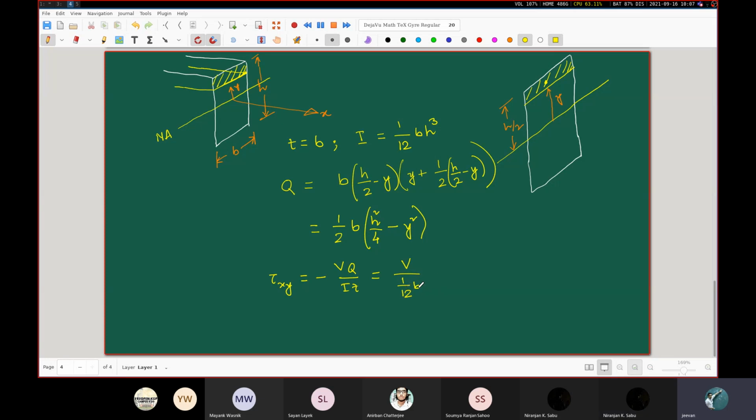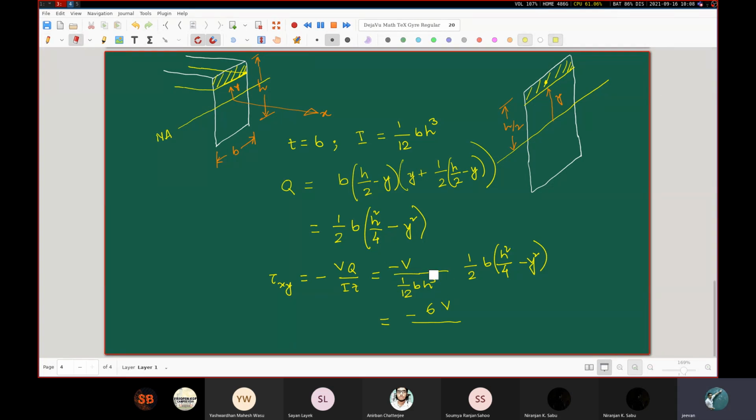Okay, so all right. I is 1 by 12 b h cubed, t, and then for the Q I have half b times (h squared by 4 minus y squared). So effectively what this will give us is, oh, I forgot the minus. So I have minus; this 12 into this gives me 6V, this b and this b will cancel, and actually this t happens to be equal to b.